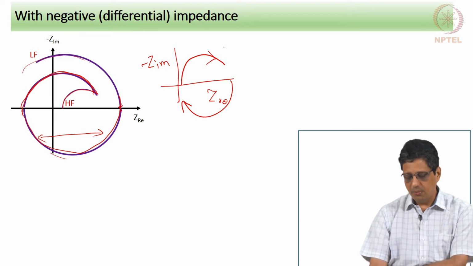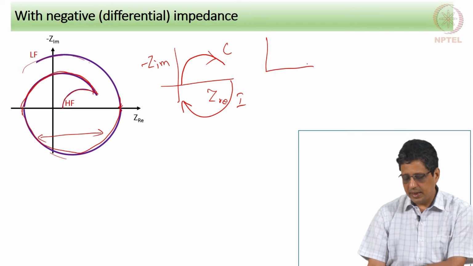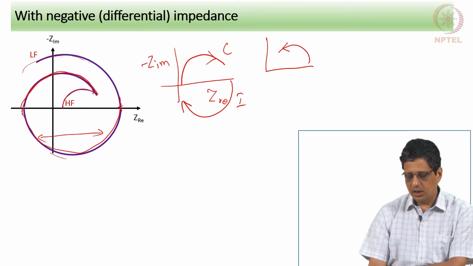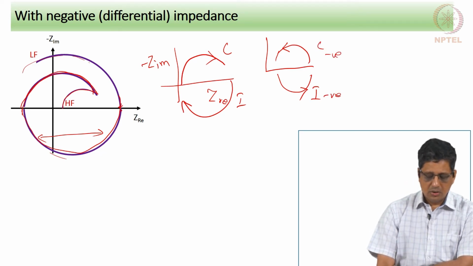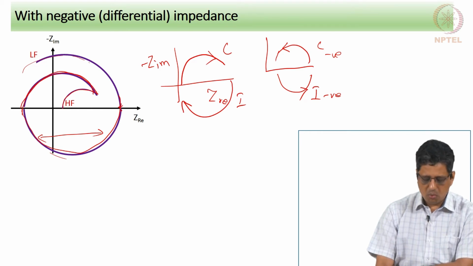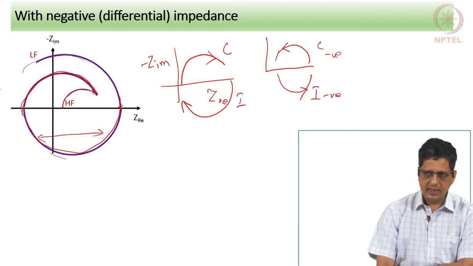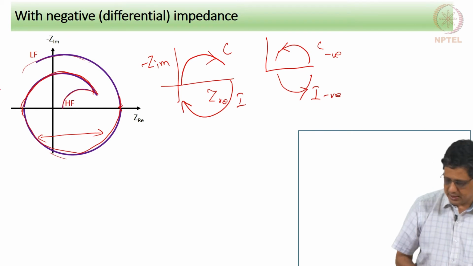A capacitive loop with a negative resistance will go in the opposite direction. An inductive loop with a negative resistance will go in the opposite direction. So, this basically has one capacitive loop, one inductive loop, one capacitive loop. So, 3 intermediate species.